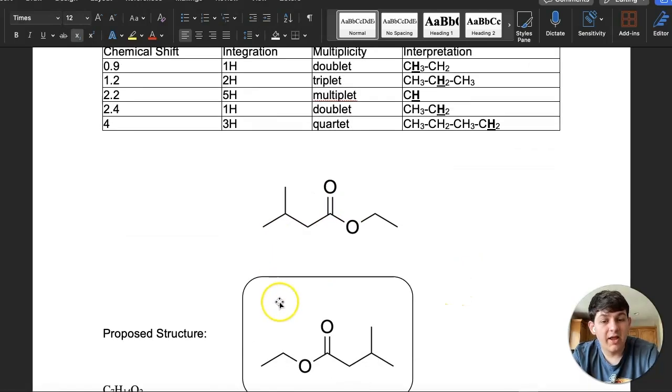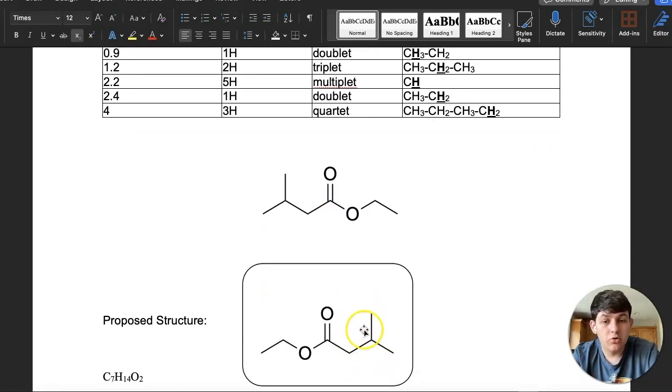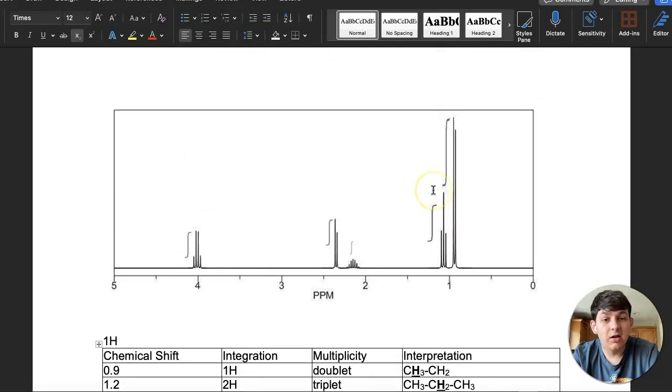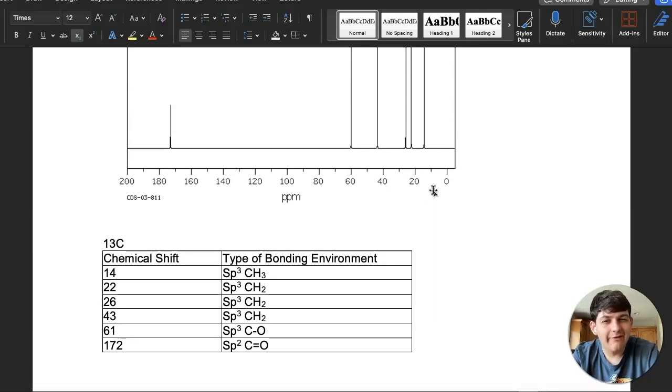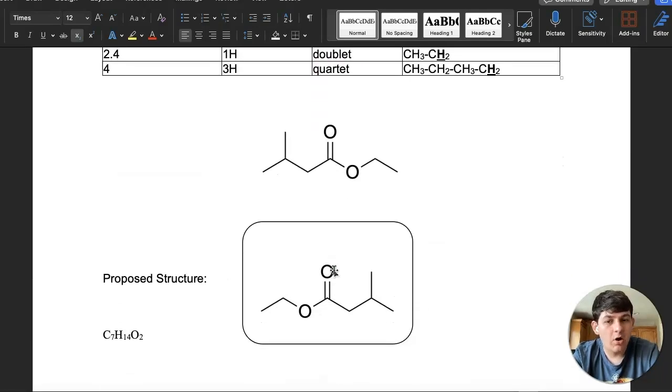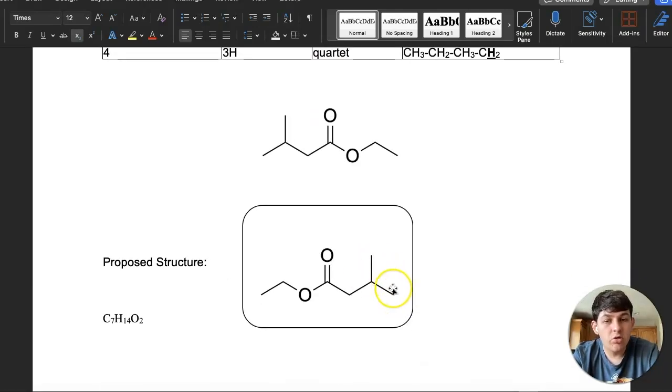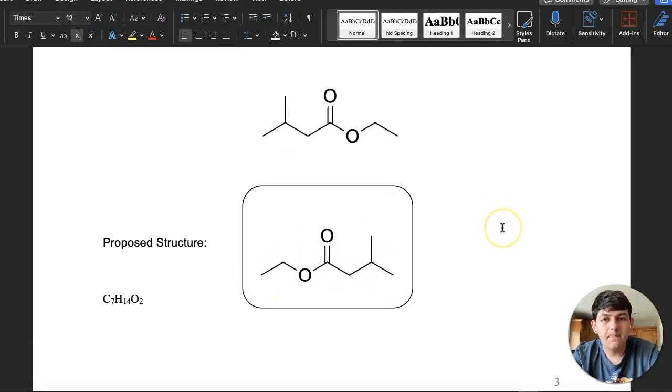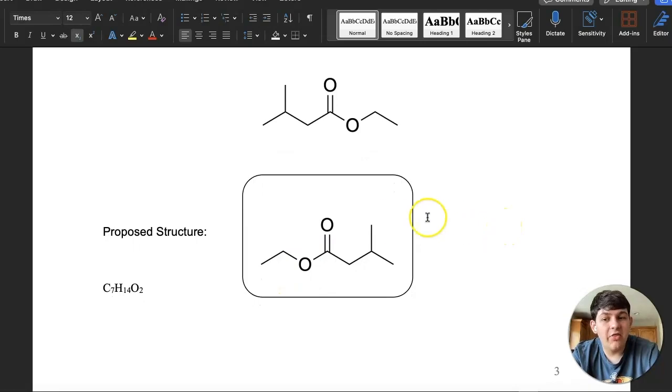We do have that right here on my proposed structure. And then we see just a lot of alkane CH bonds, which of course we have on our structure with these 3 and these 3 CH2 groups, which supports the idea that this very well could be the proposed structure.